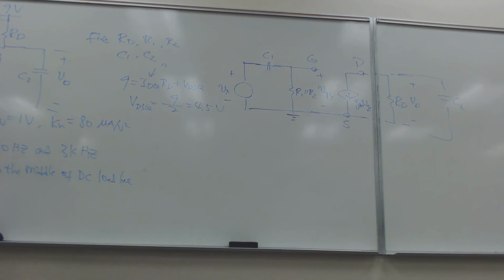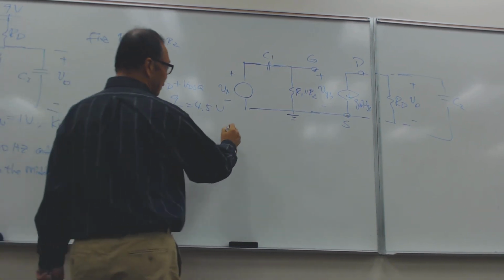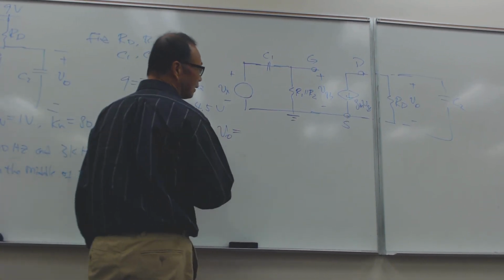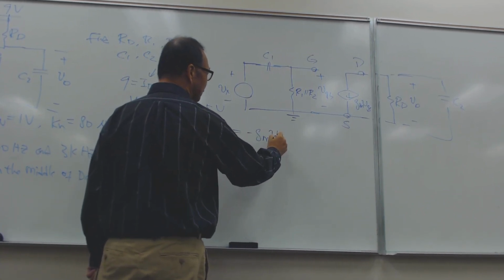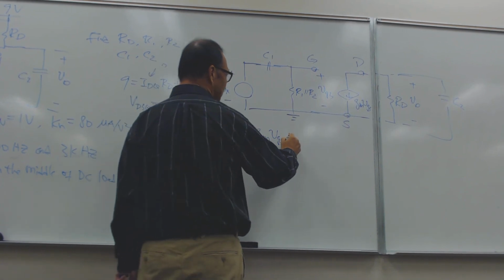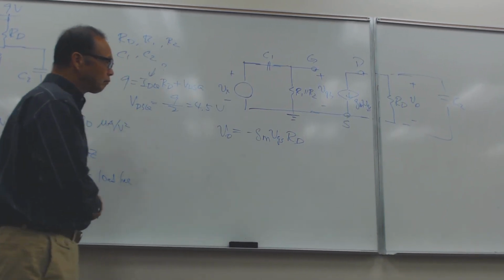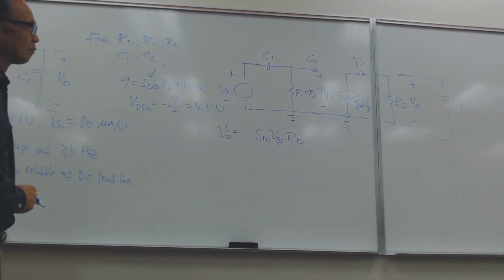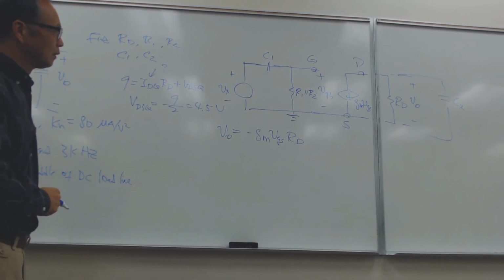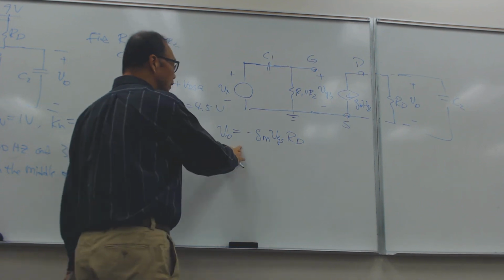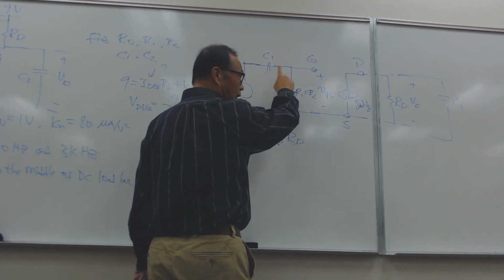So V sub O is equal to minus gm VGS R sub D. Now, when you do this, you assume the capacitors are short and this is open.